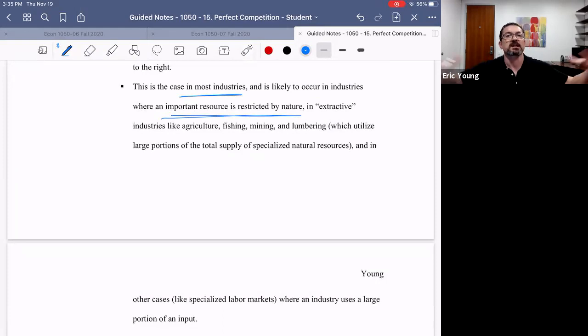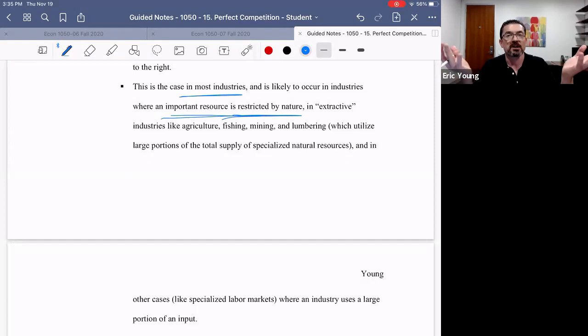As construction expands, that puts more pressure on the supply and demand for sand, for concrete, for rocks, for timber, for framing, for steel, for support, for glass, for windows, etc. So as construction expands, that's going to put more pressure on existing resources which are restricted by nature. And that's going to drive those resource prices up.